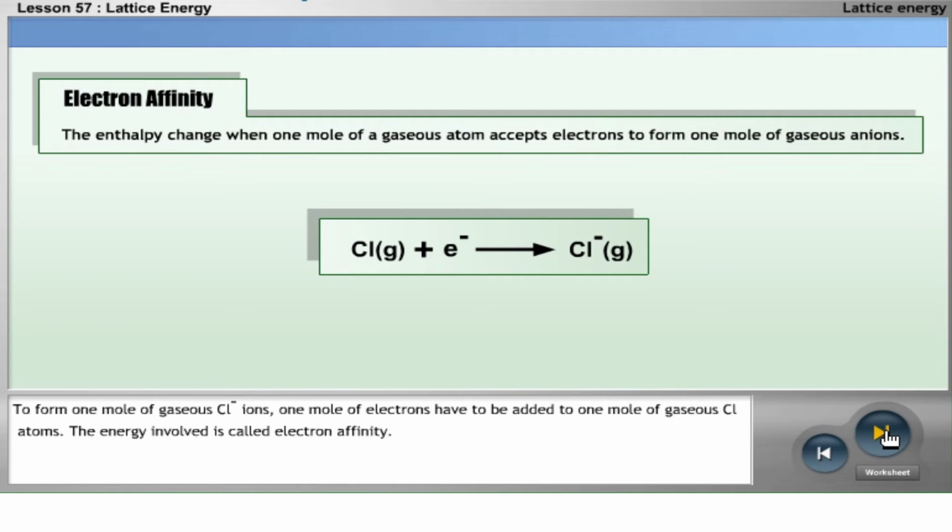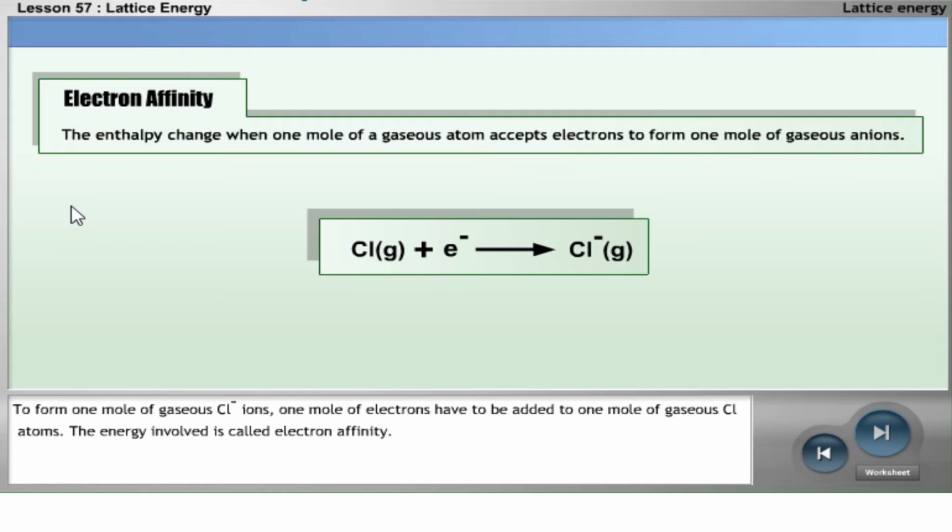To form 1 mole of gaseous chloride ions, 1 mole of electrons has to be added to 1 mole of gaseous chlorine atoms. The energy involved is called electron affinity.